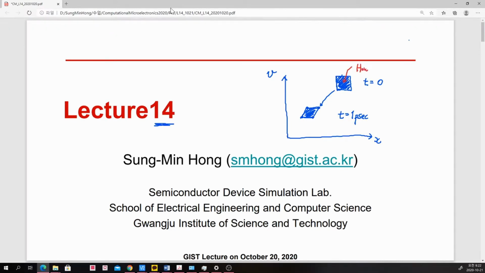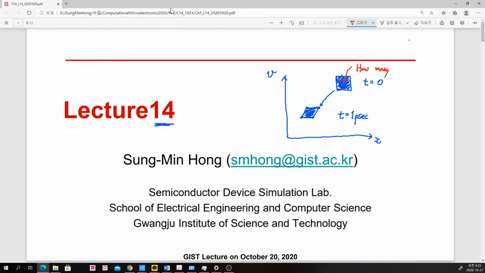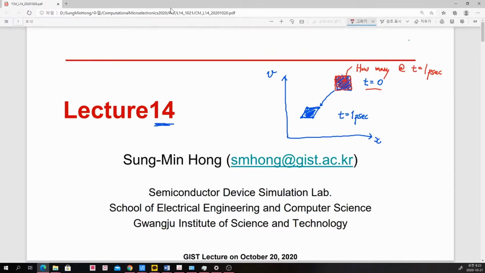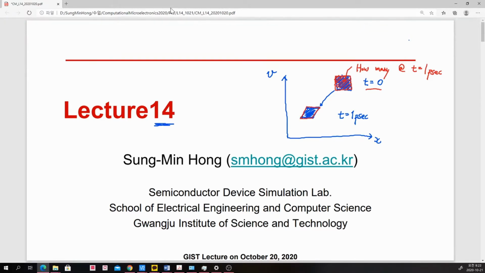If we ask ourselves, at t equal to 1 picosecond, how many electrons are there here? This is nothing related to the 1000 electrons at t equal to 0. The 1000 electrons originally occupying this box have now all moved to this position.